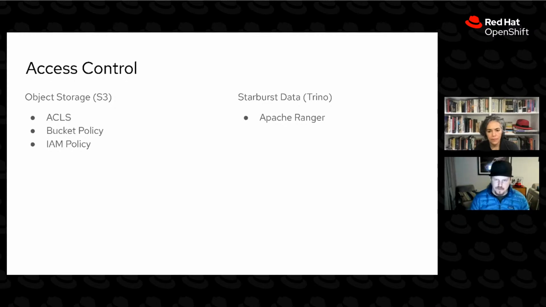But if you use something like the Ranger plugin for Trino or Presto, you could say, okay, Michelle doesn't have access to the whole object, but if she runs a query in Trino, it only accesses the columns that she's permitted. If you have Parquet files that represent a table stored in S3, she can't access it directly with S3 or with Spark or something that's not set up with Ranger, but she can go through Trino with Ranger.